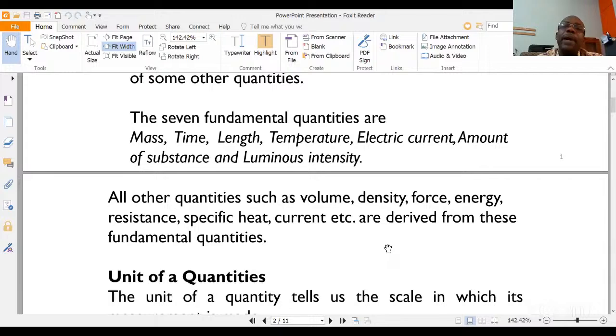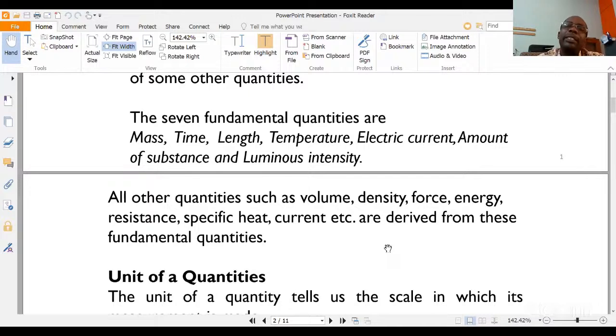Mass divided by volume. The numerator of that division is mass. Mass is one of the fundamental quantities. Note that. Then the denominator is volume. Volume, we have just mentioned, is derived from length: length times length times length.